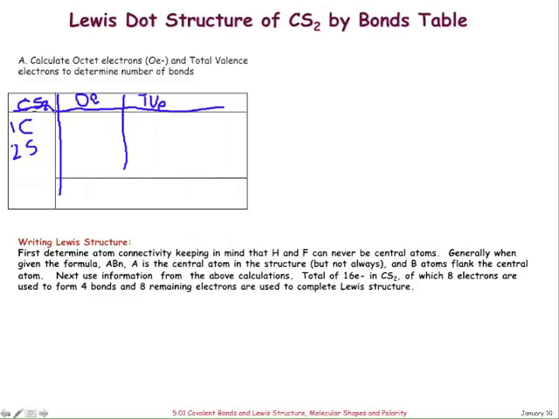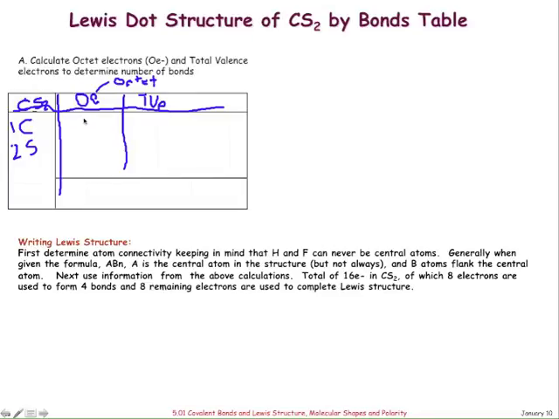Now in the first column, called OE, octet electron, it basically tells you that most elements want an octet, except for hydrogen, which is satisfied with 2. So here you either put 8 or 2. You put 2 when it's hydrogen, and 8 for any other atom.